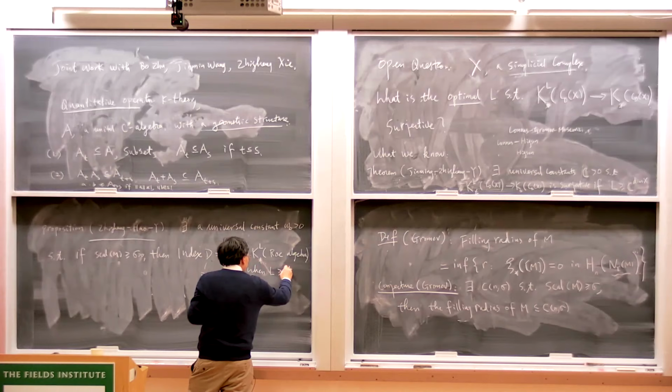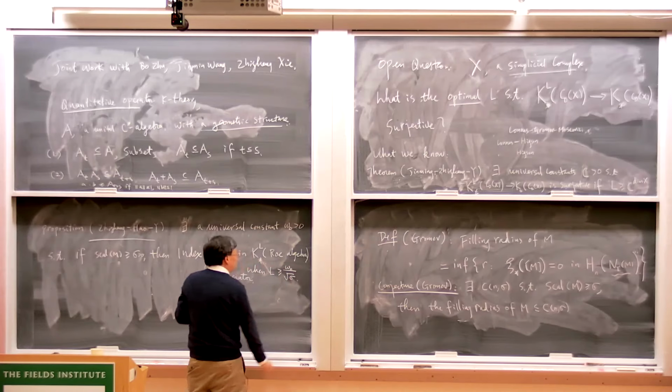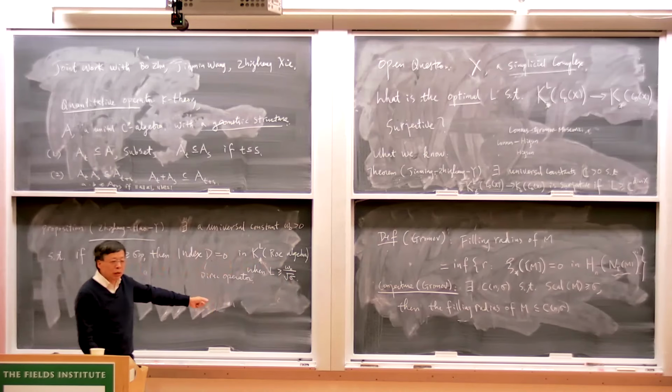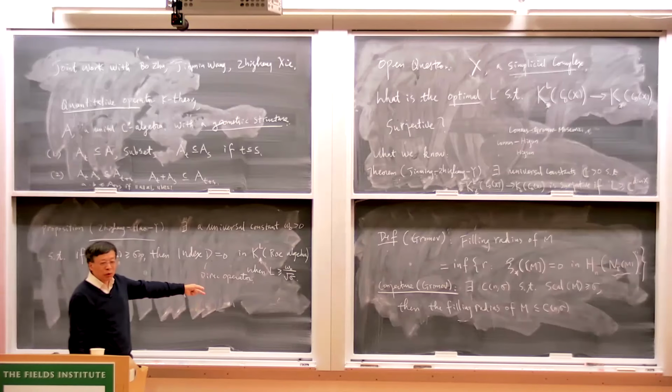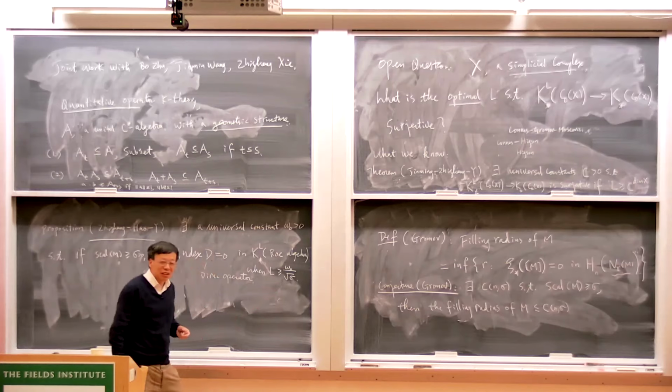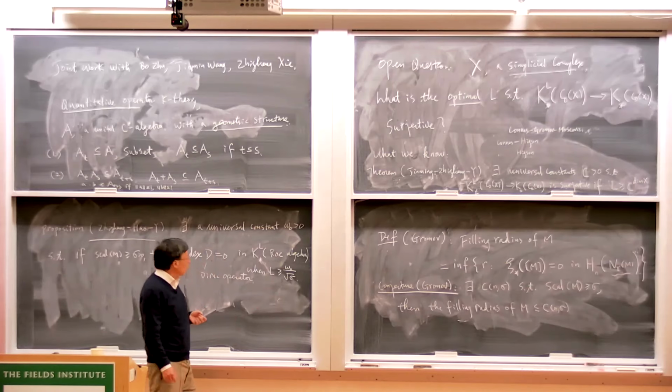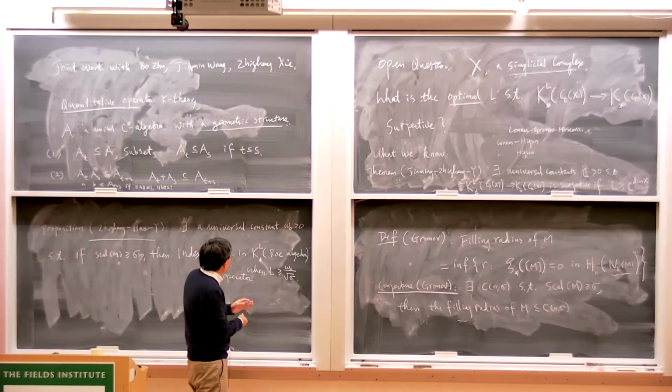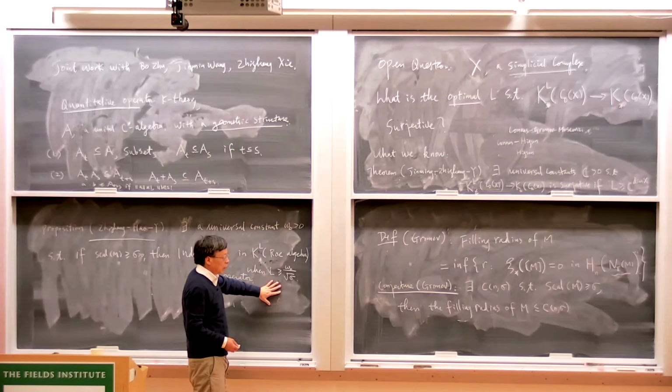This probably is not optimal; I think you can improve the constant, but that's the constant in our result. So you already know at which scale this is going to vanish.